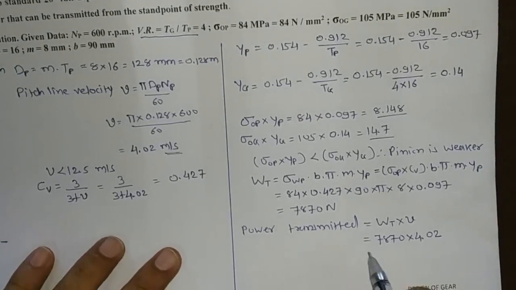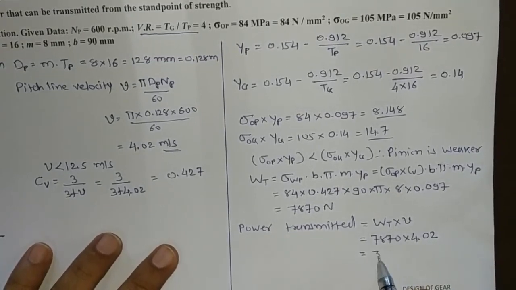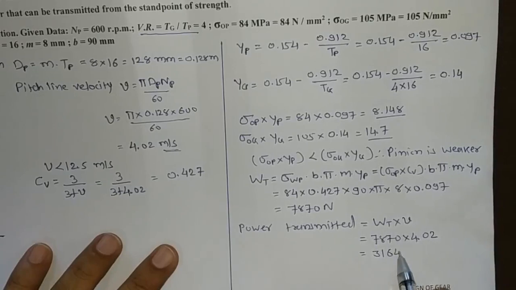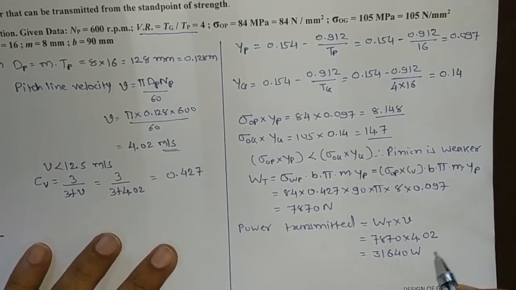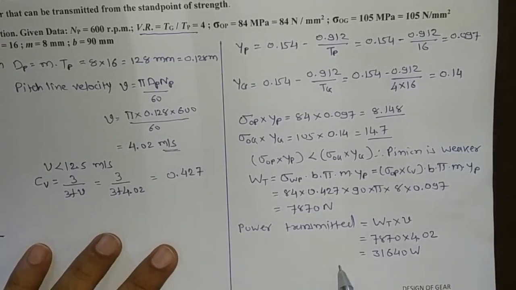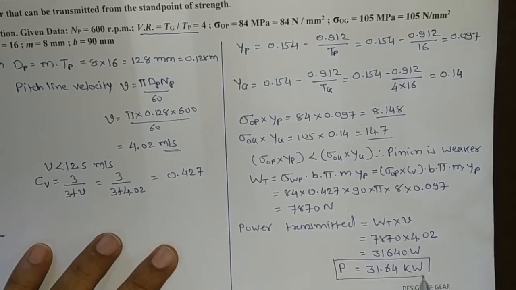Therefore power transmitted is equal to 31,640 watt. So we can say power transmitted P is equal to 31.64 kilowatt. So this is our answer.